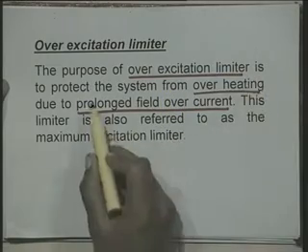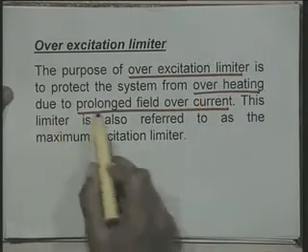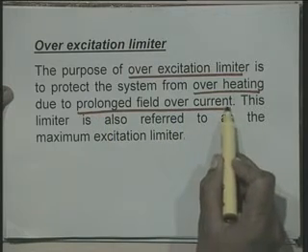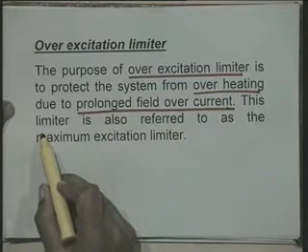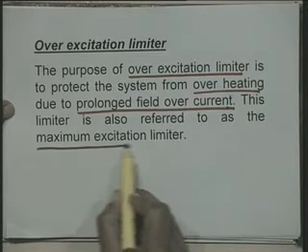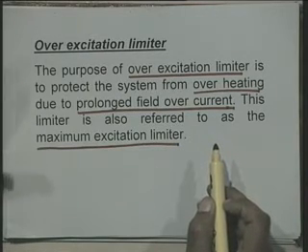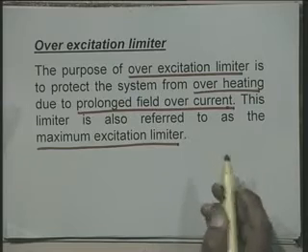Therefore, the purpose of the over excitation limiter is to protect the system from overheating due to prolonged field overcurrent. This limiter is also referred to as the maximum excitation limiter. There are two different names which are used in the literature.